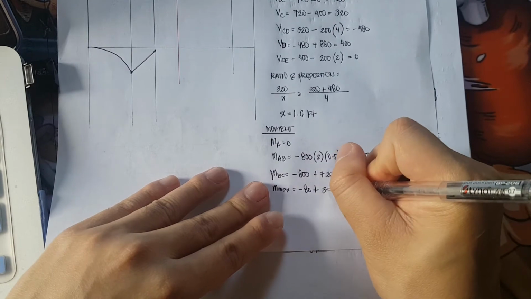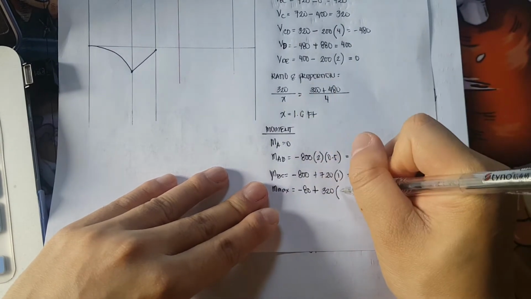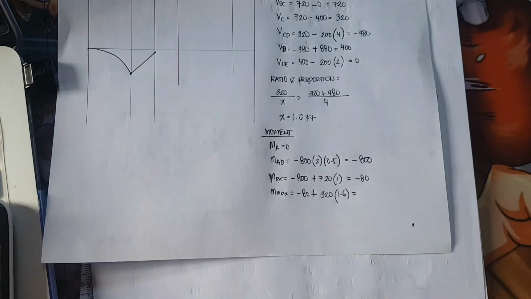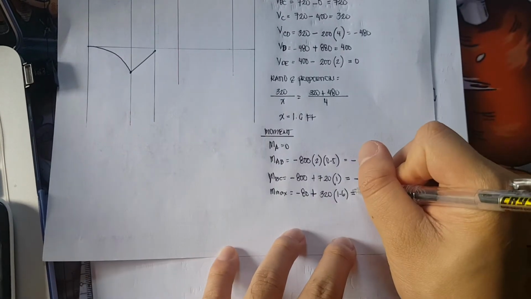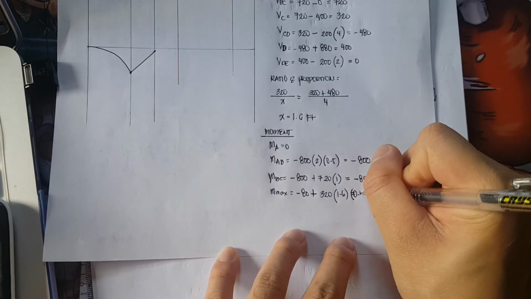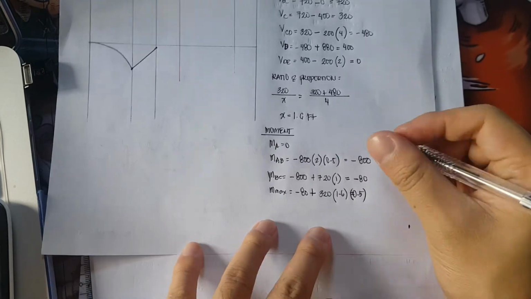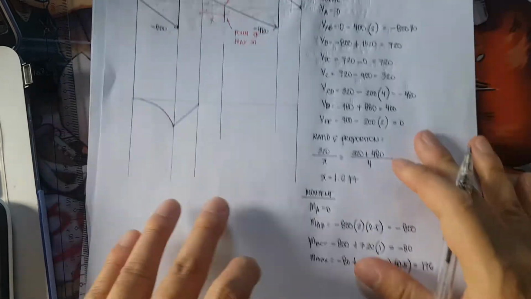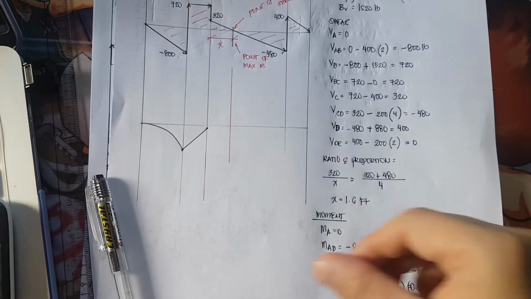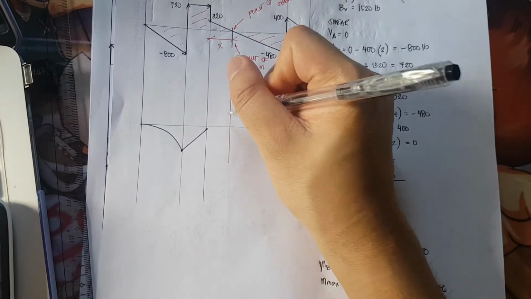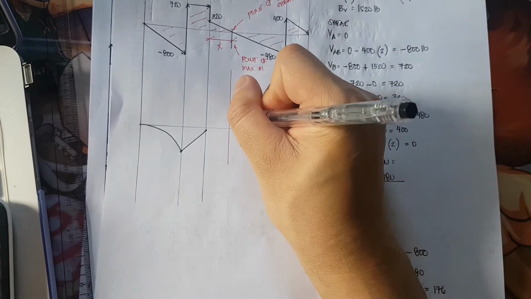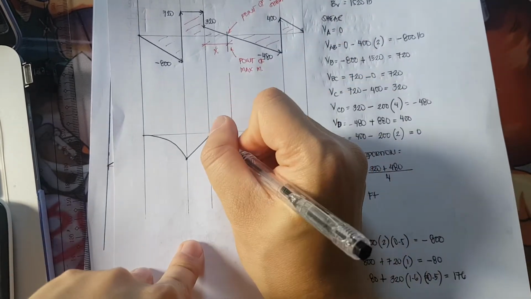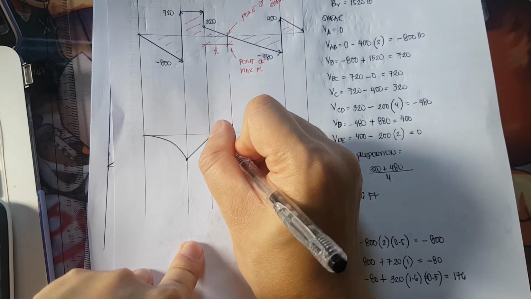So plus 320 times a base of 1.6 is equivalent to, may nakalimutan tayo. This is a triangle, so multiply it by 0.5. Therefore, Mmax is equivalent to 176. So we plot here 176 and connect it by a smooth curve, because this is a first degree, so this is a second degree curve.